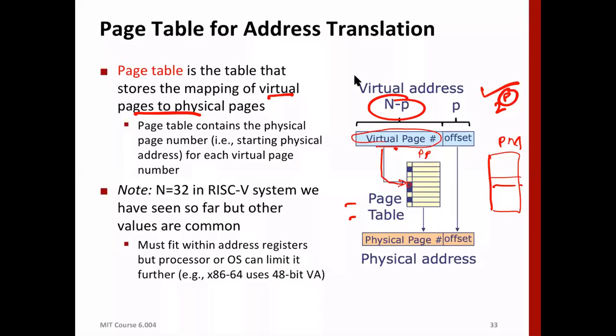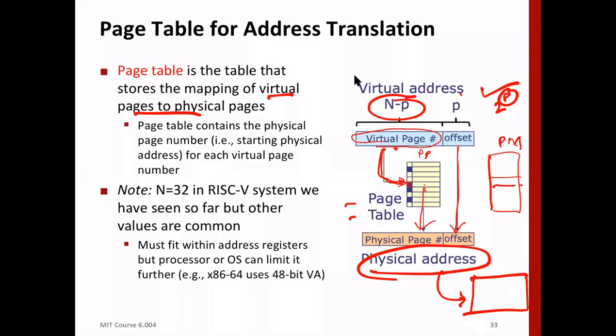So looking at the page number, we come to the page table and see whether the page is available. If the page is available, then we get the physical address of the page in physical memory. The offset within the page is the same as the offset in the virtual address, and this gives a physical address, and then we go to main memory and read the corresponding thing.